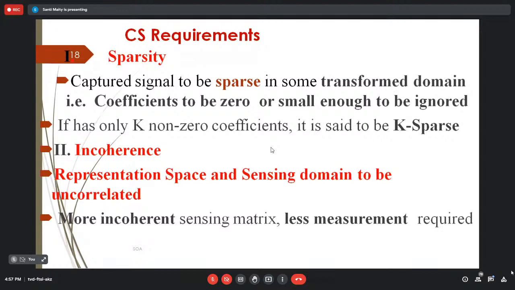This is one requirement. So in CS, or compressive sensing, full reconstruction is possible provided you have a sparse representation space. You take random projections, random samples, from a suitable representation space where k data are sparse, meaning non-zero, or at least the signals are compressible.